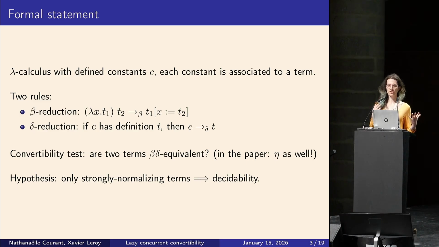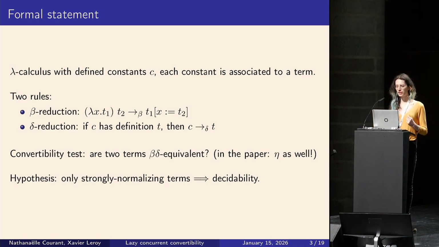So the formal statement of the problem is that we have a lambda calculus with defined constants. So for instance, f or K in the previous examples, which are associated to a term. We have two operations, beta reduction as usual, and delta reduction, which replaces a constant by its definition.